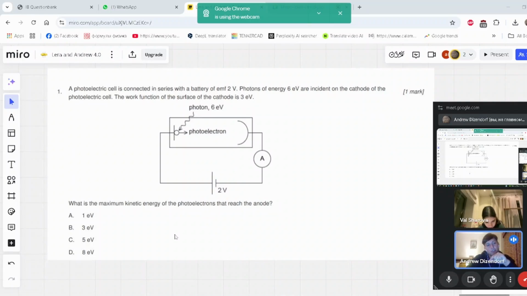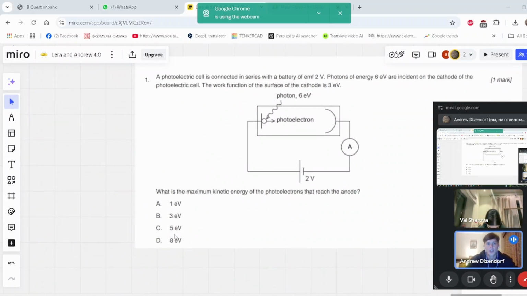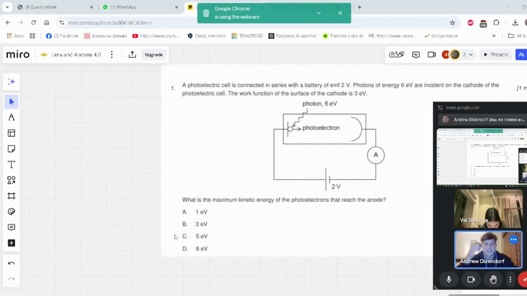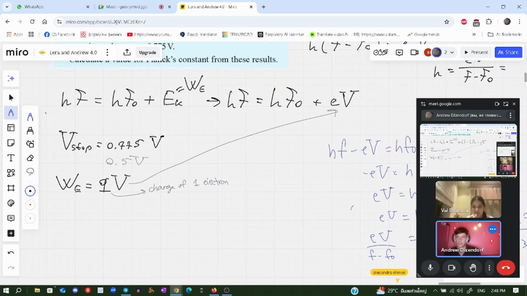So first you can use the equation of Einstein for the photoelectric effect, and then apply the knowledge from the last lesson to understand how the kinetic energy will change. So I write hf equals hf0, the work function, plus E kinetic initial. It's okay if I write like this?